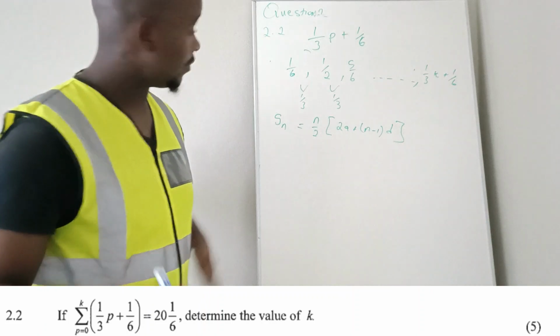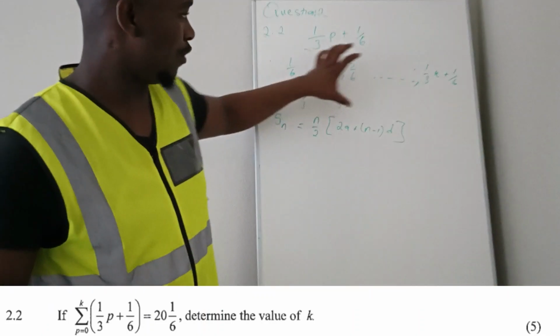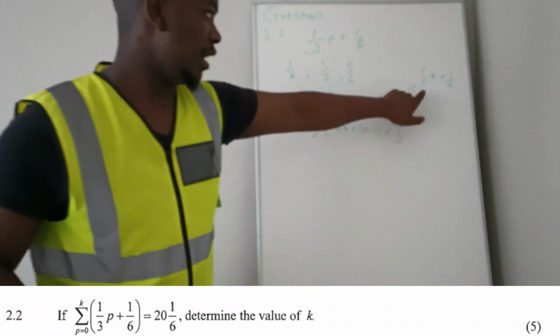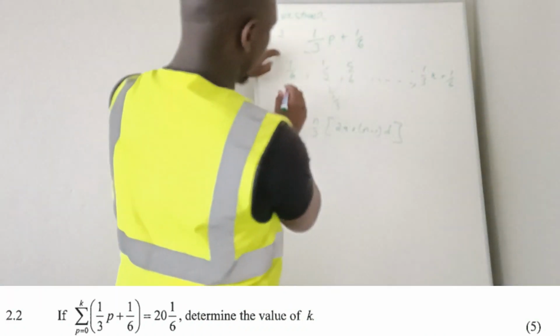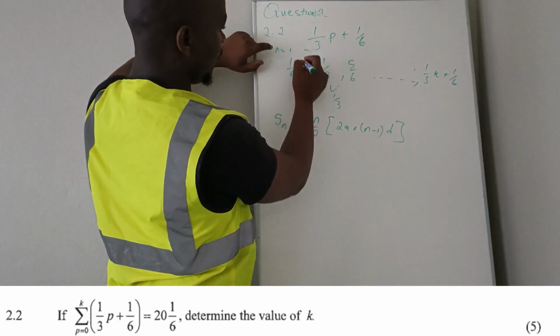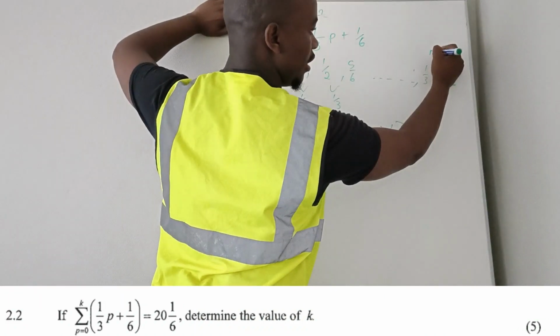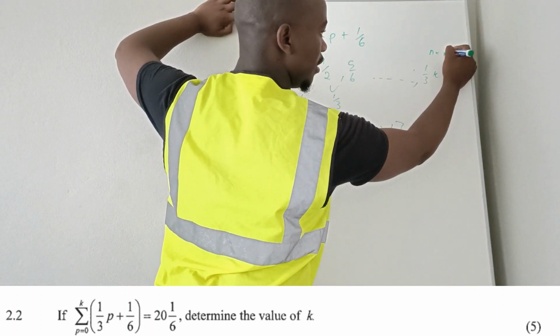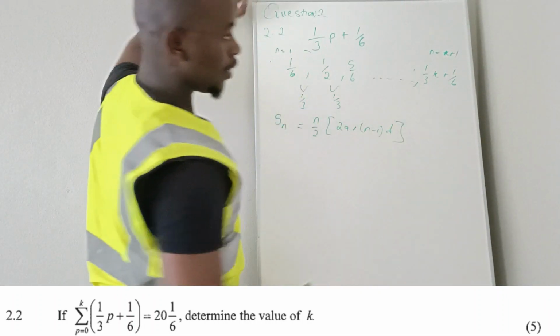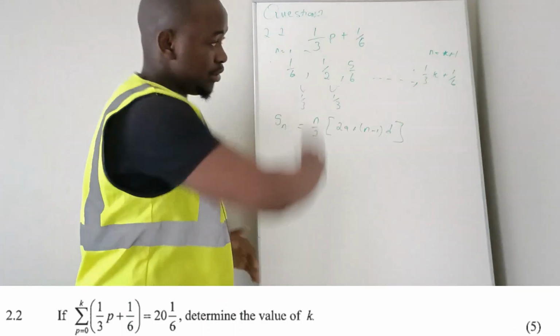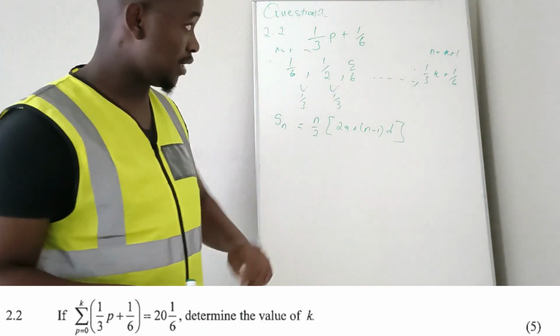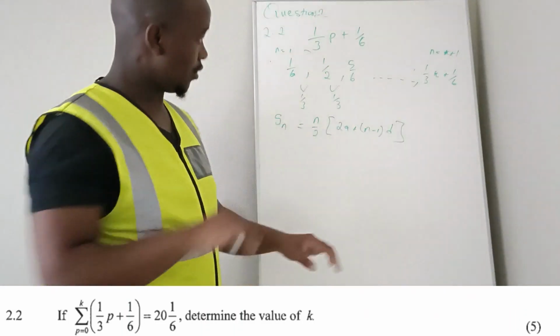So if we sum all of these up, this is term 1, n equals 1, and this is up to n equals k plus 1. Remember from what I tried to describe previously, please go back there to familiarize yourself.